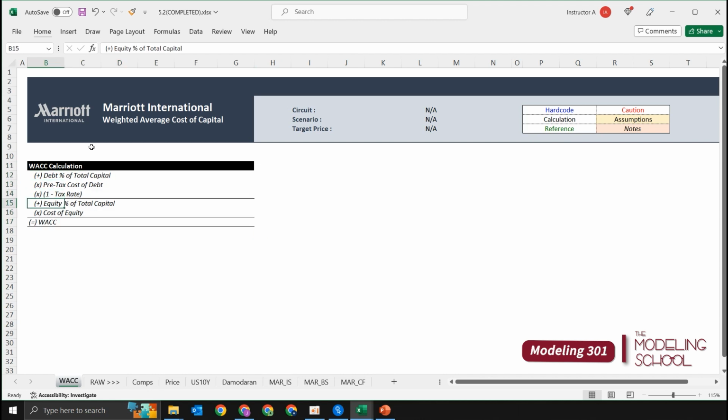All right, so basically, weighted average cost of capital is going to be, let's add a parenthesis in the front just for clarification. We're going to multiply the debt percentage to pre-tax cost of debt times 1 minus tax rate, added by the equity percentage of total capital times the cost of equity.